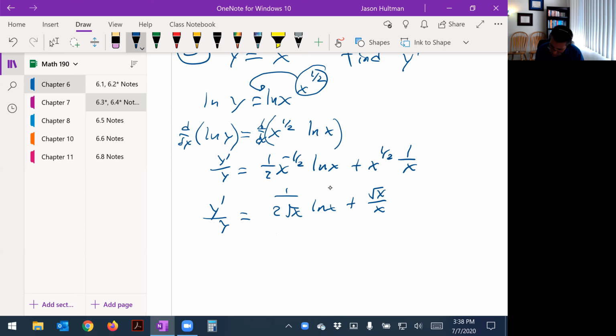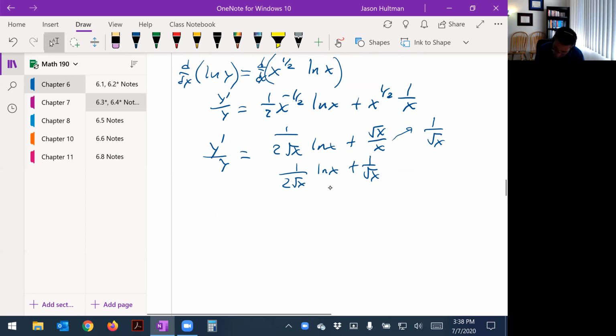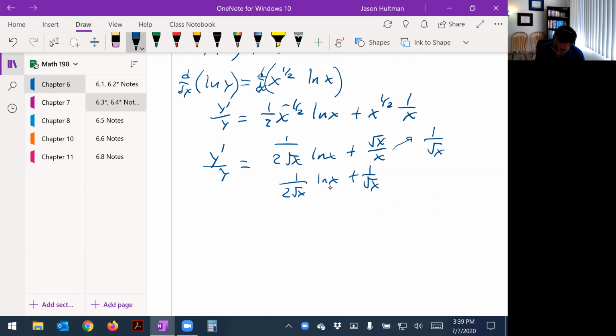So this is 1 over 2 radical x times the natural log of x plus 1 over radical x. I want a common denominator if I can get one. I don't have a 2 here, so I'm just going to put a 2 there and a 2 there. And so I get natural log of x plus 2 all over 2 radical x.